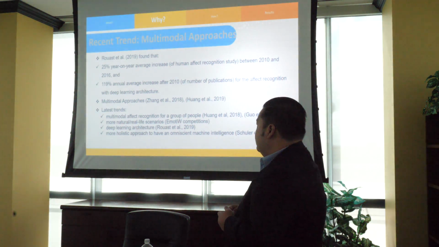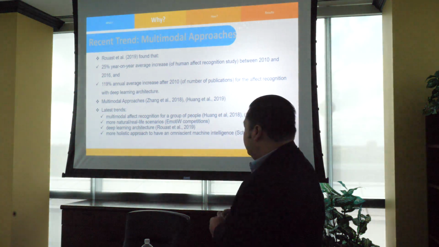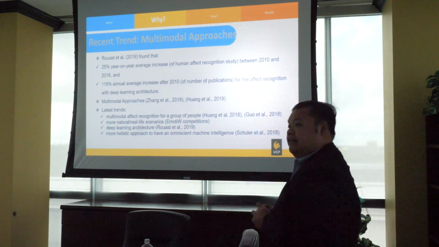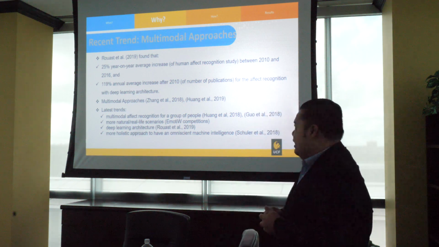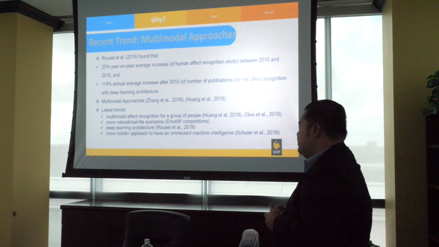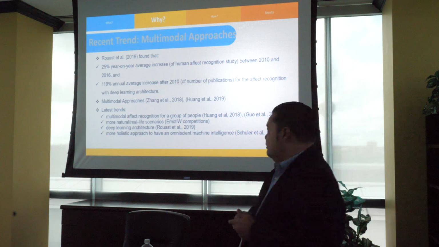And in the latest paper written by Rose and his team, they found that a 25% increase could be achieved in recognition studies. The good thing was that research in deep learning, the scheme being used, has almost doubled every year since 2010.